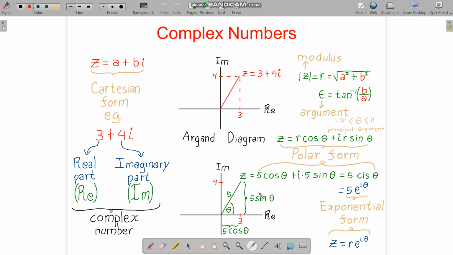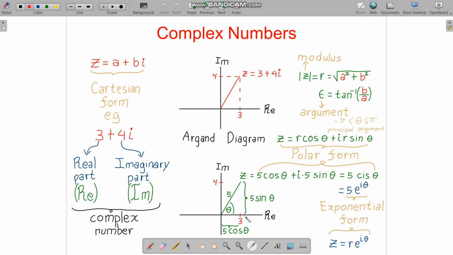If we use polar form, as you can see, the length or the hypotenuse is 5, and the angle here, let's say theta. The height or the y value or the imaginary part is 5 sine theta, and the real part is 5 cos theta. Just use trigonometry.